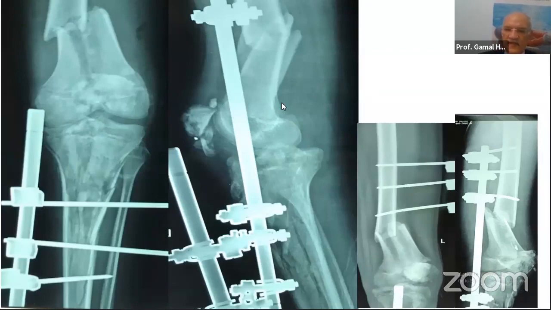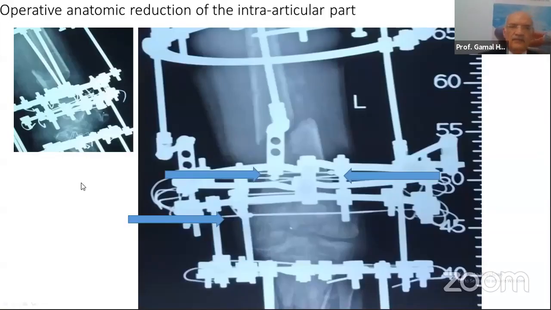This was a firearm injury, and you have a comminuted fracture of the distal femur, comminuted fracture of the proximal tibia, and this picture is immediate postoperative. You see, totally displaced fracture in the lateral plane and displaced in the coronal plane.